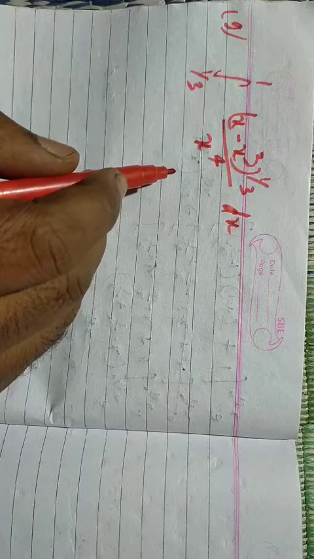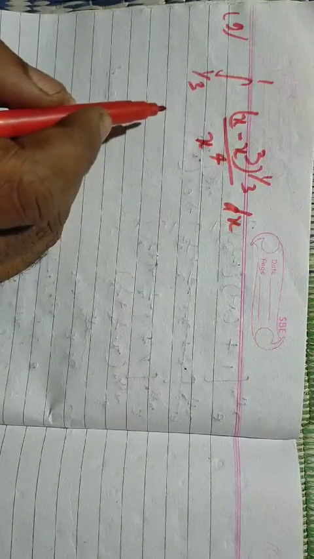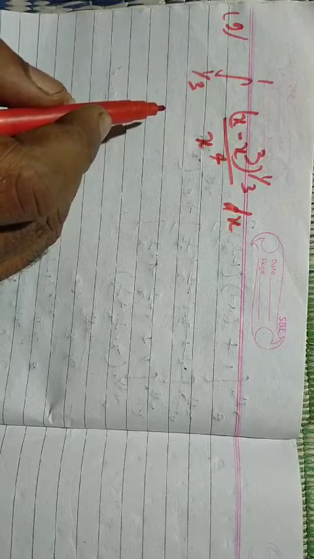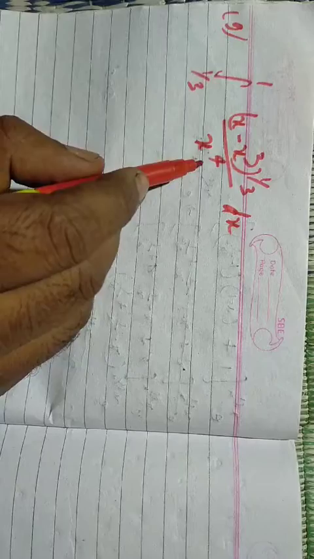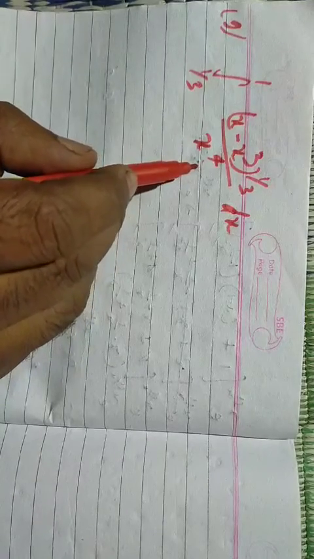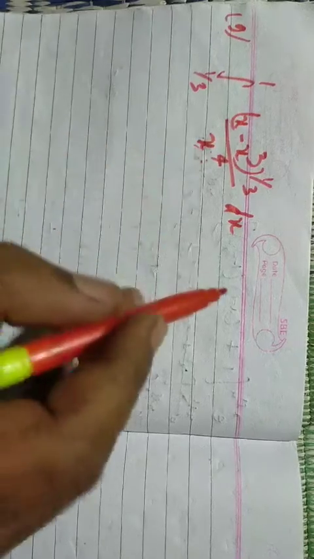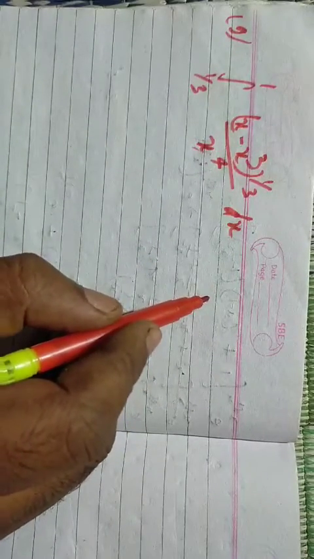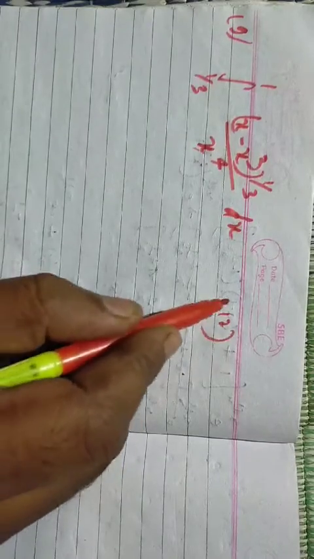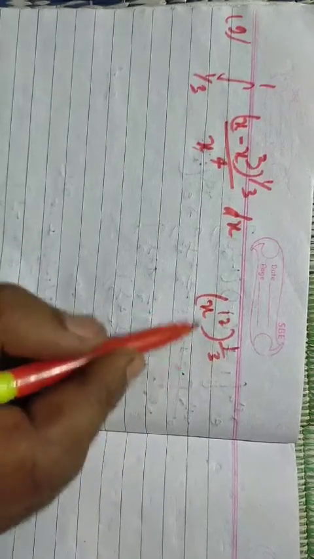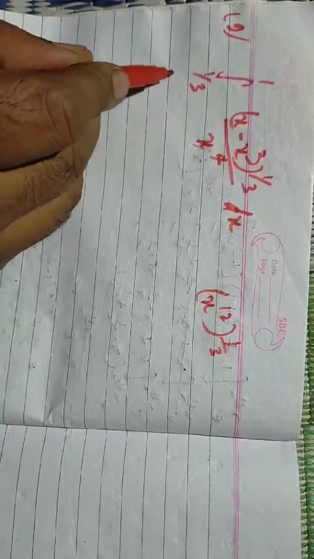So see here, this is not under 1 by 3, so I will bring this denominator under 1 by 3. So what I will do, I can write it x to the power 12 whole to the power 1 by 3. Now it is same x to the power 4 or not.